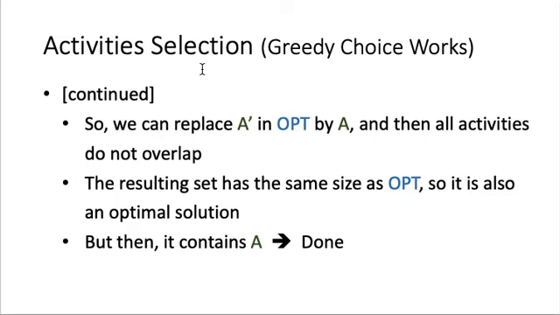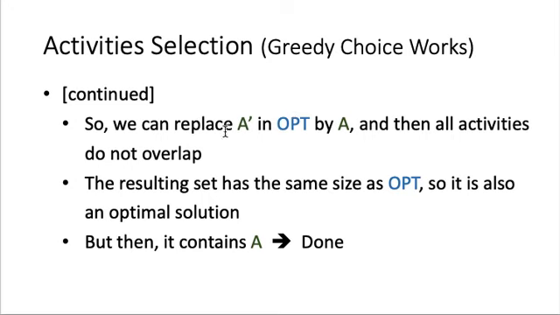So taking away A prime, putting A inside, A will not overlap with any other activities in opt. But certainly, we have changed opt into some other thing, right? The resulting set of activities will have the same size as the original opt, because we have taken away one activity, but we put one activity back. So the number of activities is the same.